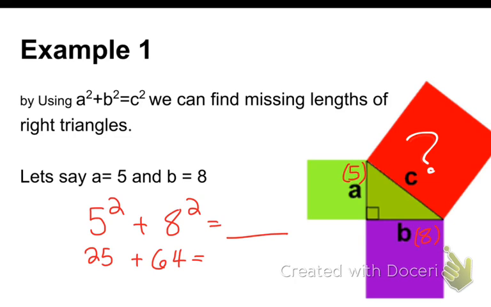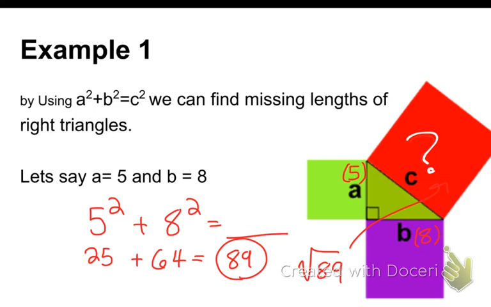And if I get 25 plus 64, we end up getting 89. Now 89 is not a perfect square, but if we find the square root of 89, we can predict what c will be.